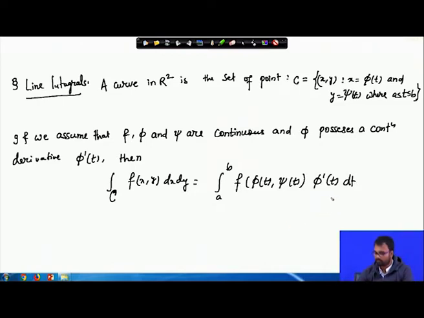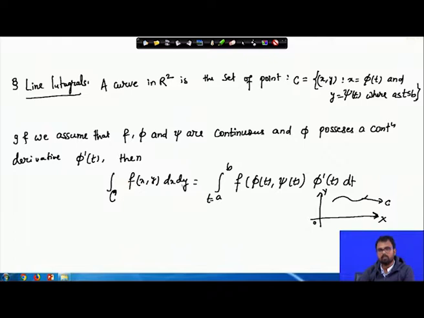So what we are doing is we have a curve, something like this, and we are calculating the integral of this function along this curve C. In this definition of the curve, we can write x equals some phi(t) and y equals some psi(t) for certain values of t, and we replace x and y in the integral on the left hand side with phi(t) and psi(t), and this is the range for t.